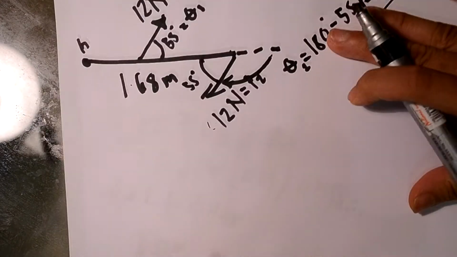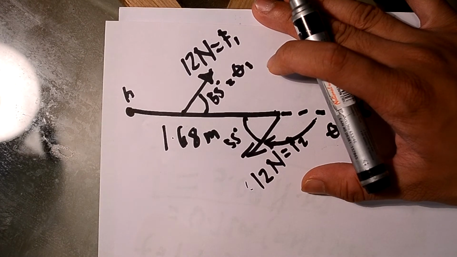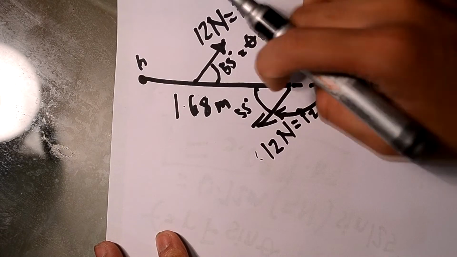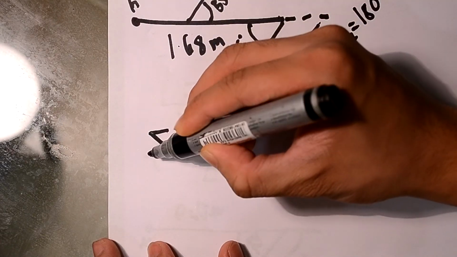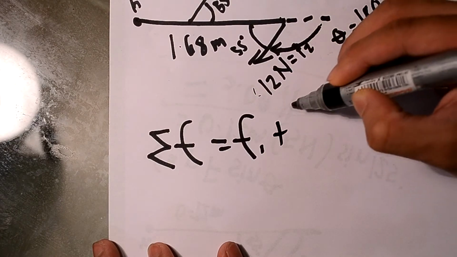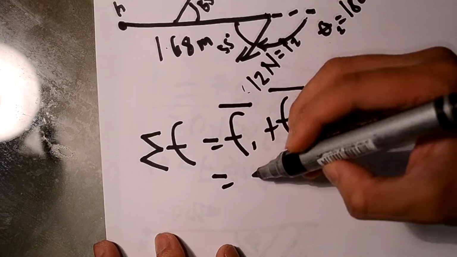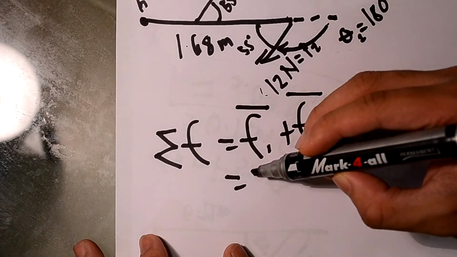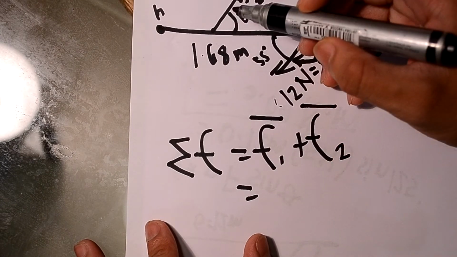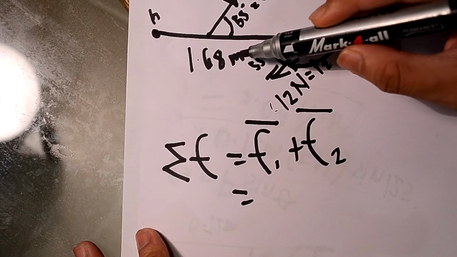So let's now calculate the torque on this object. This will be calculated by the summation of all torques acting on this object. So the summation of all torques is torque 1 plus torque 2. Let's calculate torque 1. It has an R of 0.84 because the force acting on the object is located at the center of the door, so R is half the whole door.